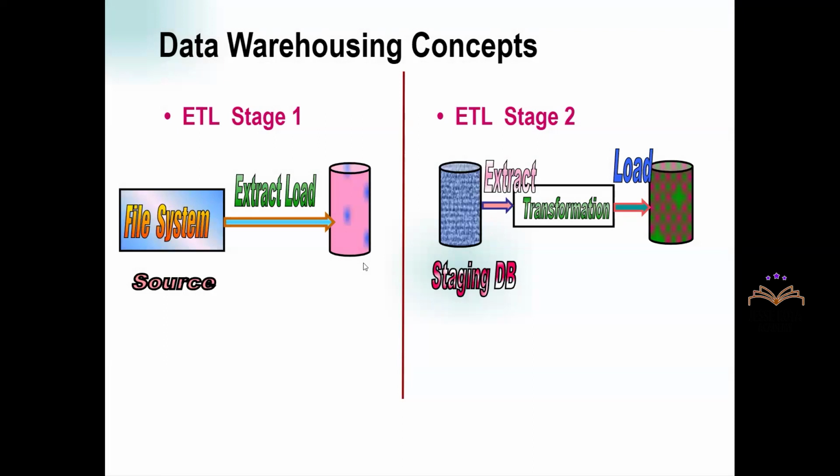And here you can see the phases of data loading. What is ETL stage 1 and stage 2? From the source, we will load the data into the staging area. From the staging area, we again apply the transformation rules and load the data into data mart tables.